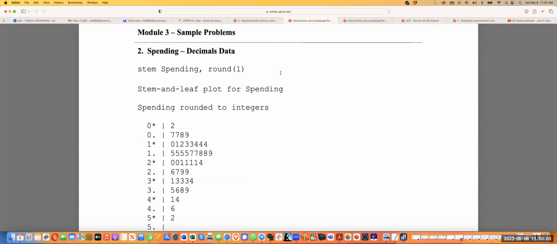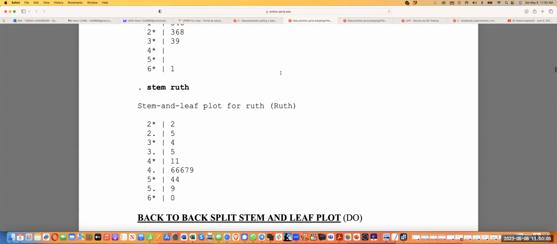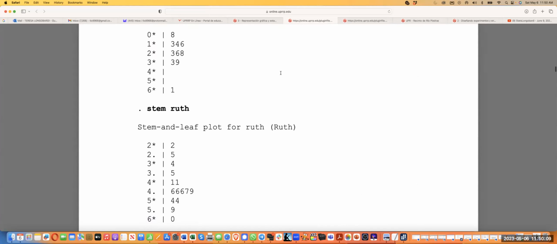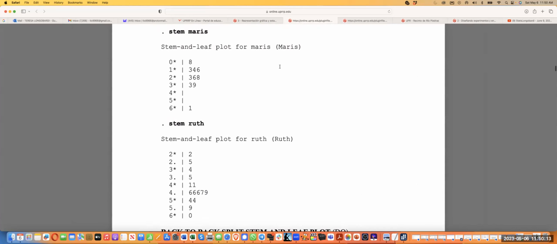Let's look at my drawings. Here are my drawings for Maris and Ruth. Just looking at them, what can you say about Maris and Ruth? I have the drawings vertical, but you would do the same thing putting them horizontal. What is the shape of Maris's data? What is the shape of Ruth's data?